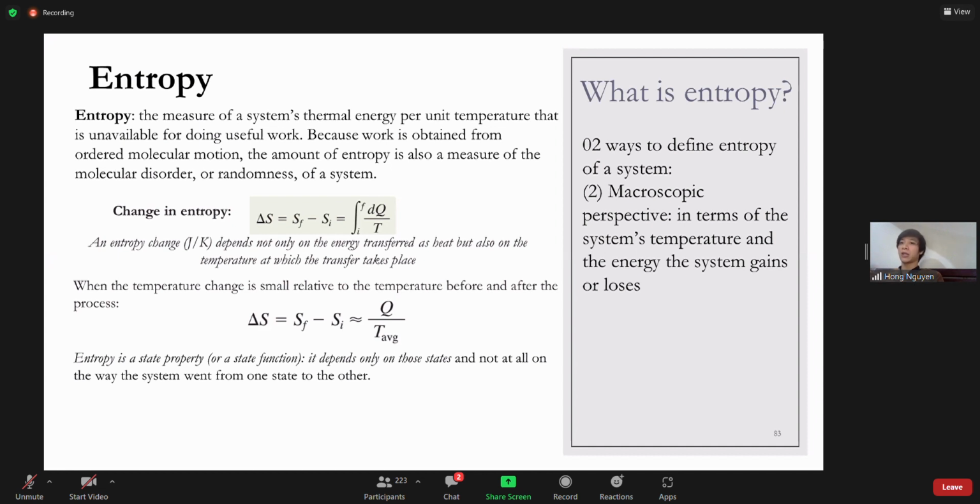The entropy depends only on the state and not on the way the system went from one state to another. Good. Here, we find it empirically, because sometimes there's no way for us to prove it mathematically, especially for irreversible processes. But we find it.